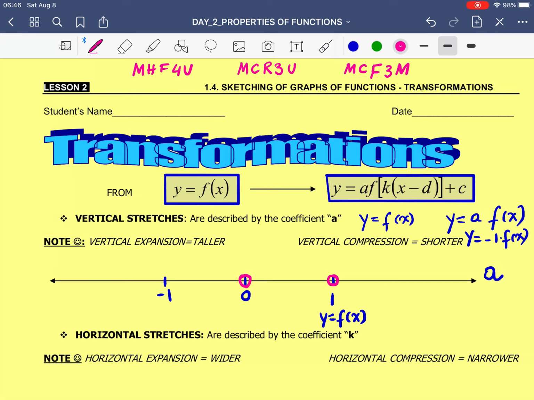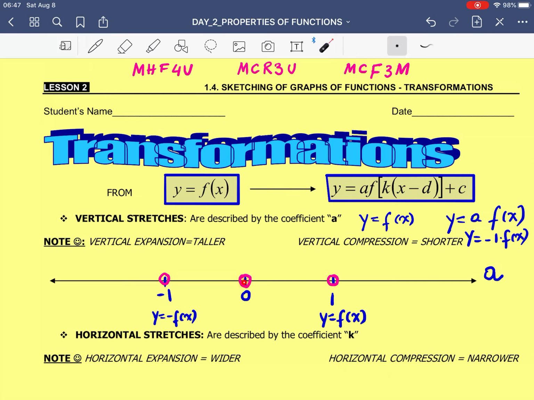So we're going to draw an empty circle here just to indicate that the shape of the graph will not change for y equals negative f of x. Other transformations will happen, but we'll talk about that. So with this being said, the key values that will lead us to describing the transformations caused by a would be at 0, negative 1, and 1.